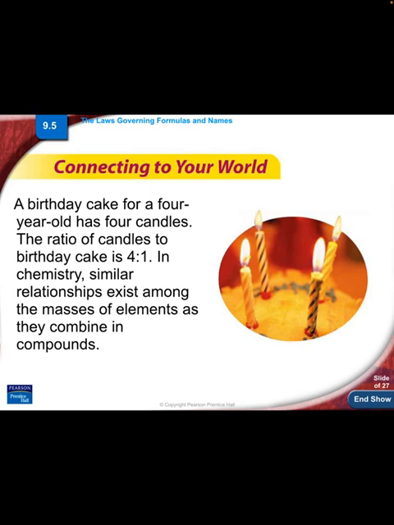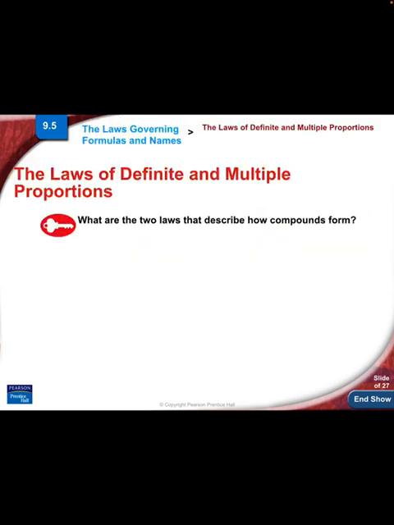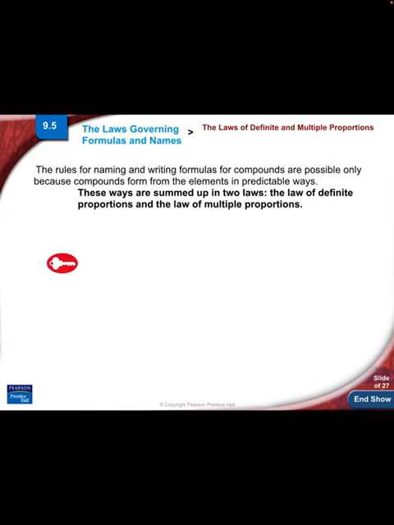And we have similar relationships when we talk about our different compounds, the different molecular compounds and ionic compounds. Now, there are 2 laws that kind of describe how compounds form, and they're fundamental to all of chemistry. You may think they're rather obvious, but think about the times when these laws were first proposed.